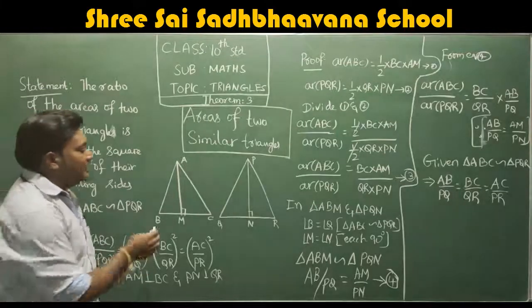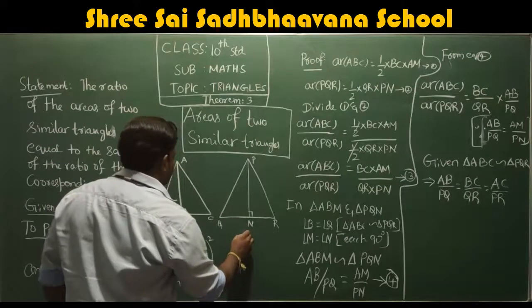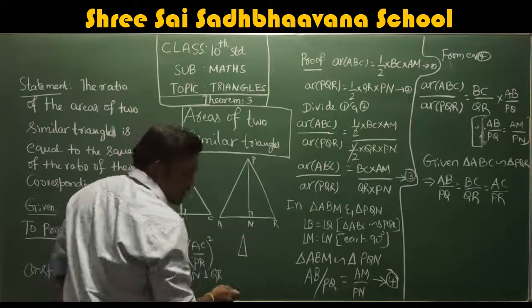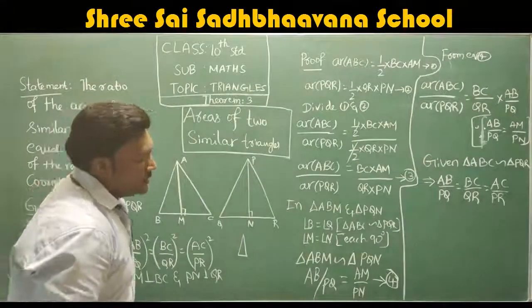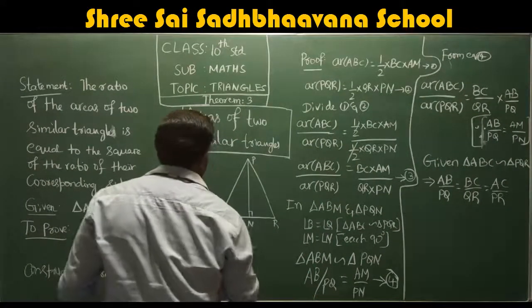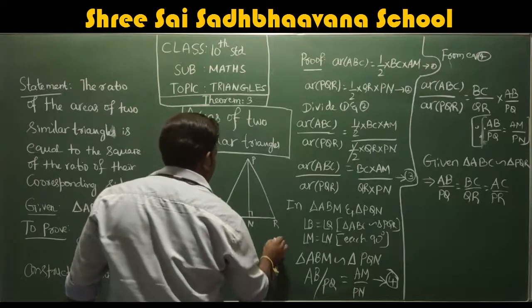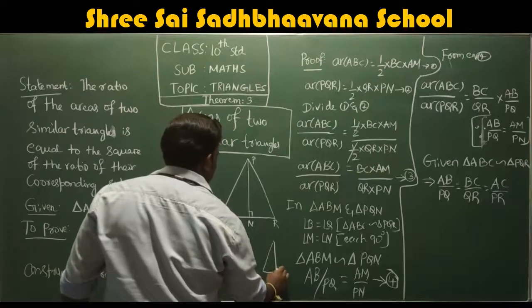For example, take these two triangles, right angle triangles: triangle ABM and triangle PQN.